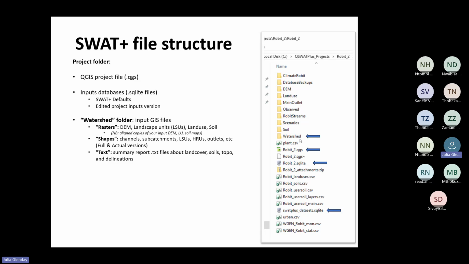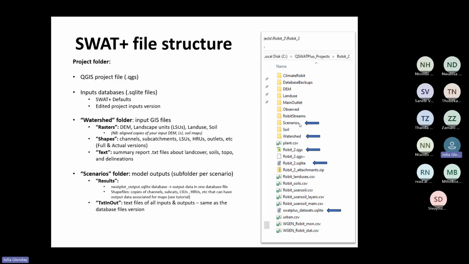I'll open it up and show you the different files just now. But it also has copies of your DEM, your land use and your soils maps that all get aligned up by the model if they're not aligned already.